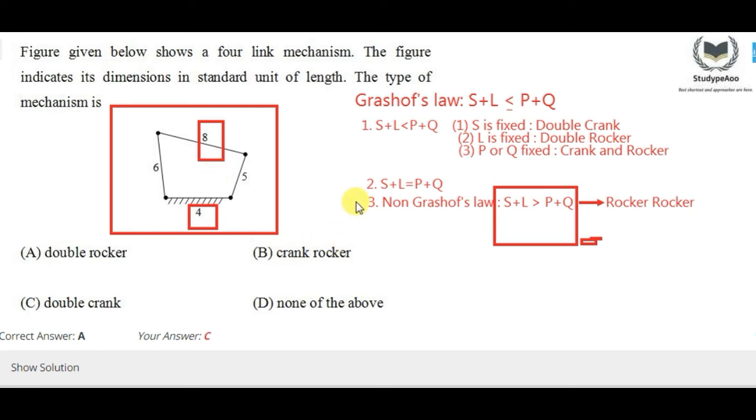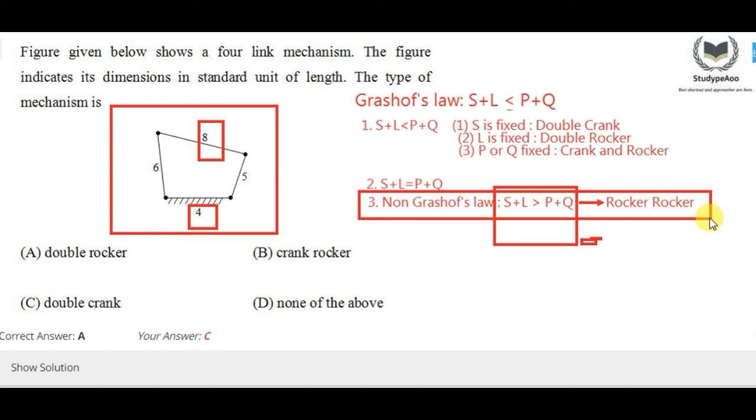Then we see that this is a non-Grashof's law condition. So the answer for this question will be rocker and rocker mechanism, which is also known as the double rocker mechanism. So the answer will be option A, rocker and rocker or double rocker mechanism. Why? Because here the sum of the smallest link and the largest link is greater than the sum of the remaining two links.